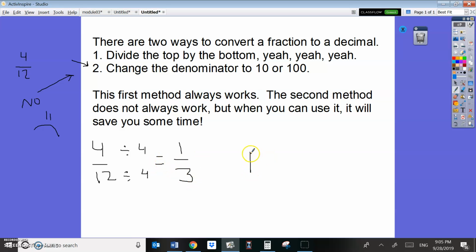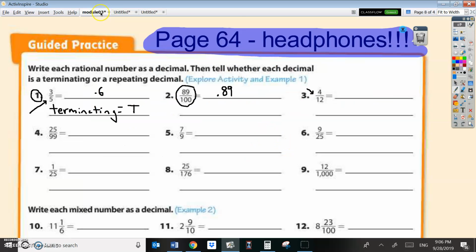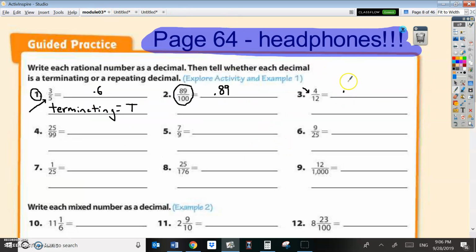You already know that 1 over 3 is the same as 0.3 repeating, right? We did that on the previous page. So 0.3 repeating. Done, and it's repeating. R for repeating, T for terminating.